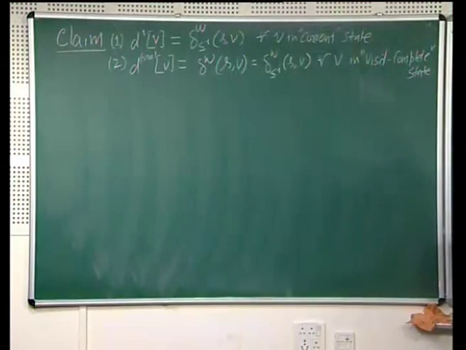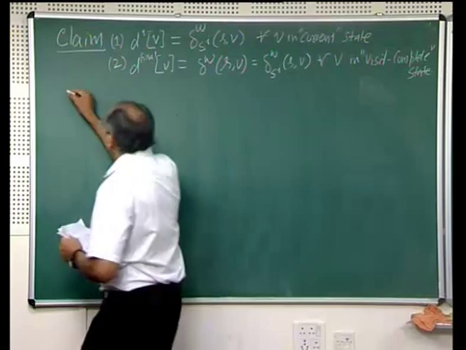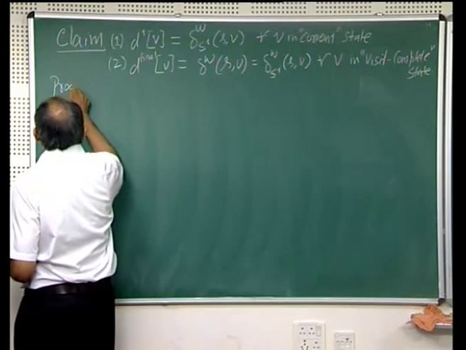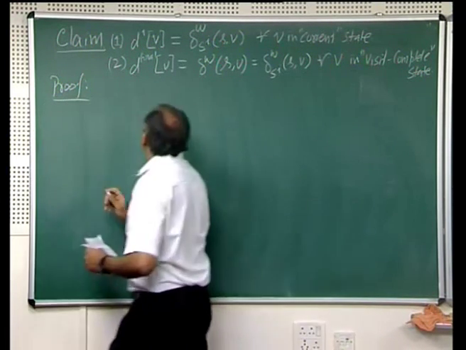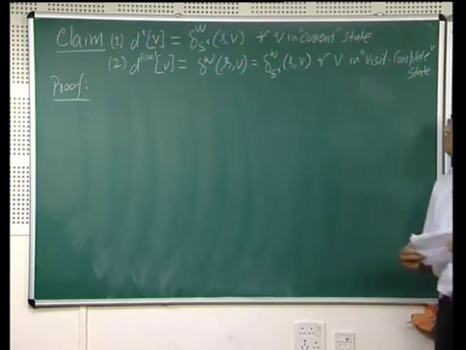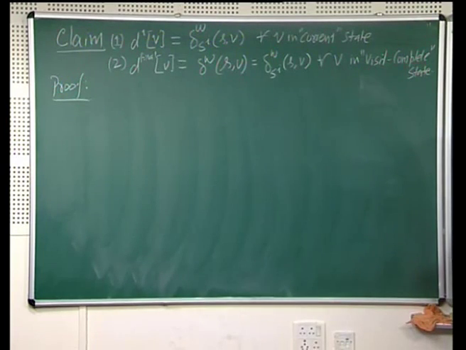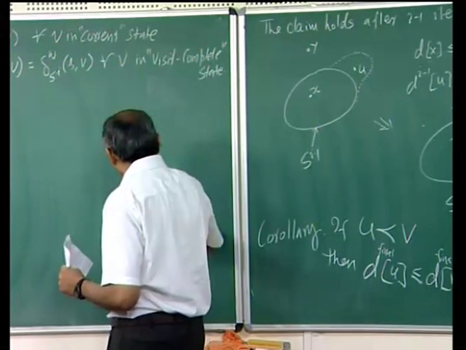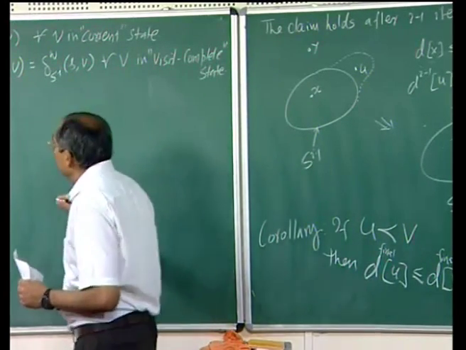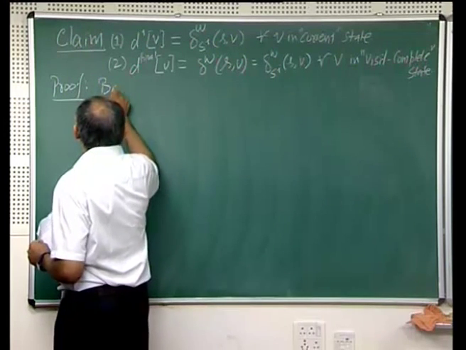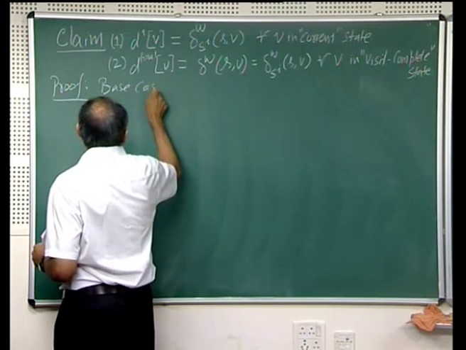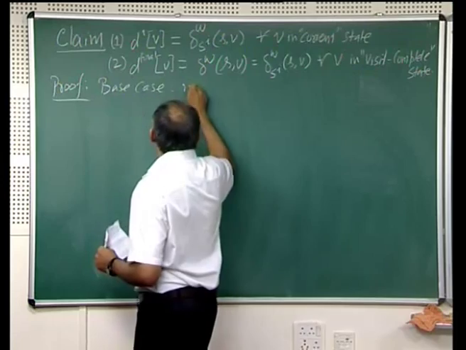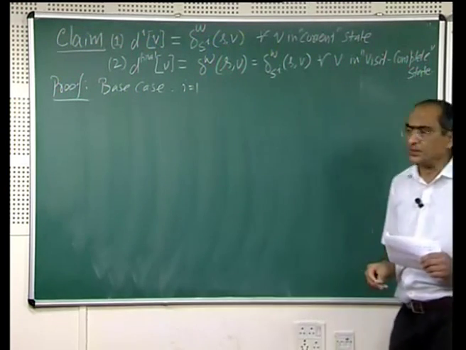Now, the claim again by induction is valid in the base case. What is happening in the base case? I am again taking my base case as when I is 1, after the first iteration.